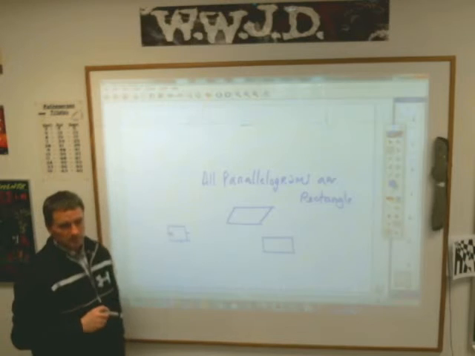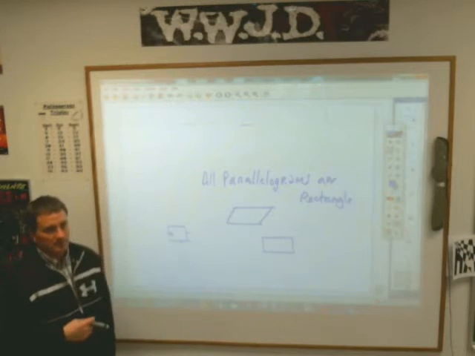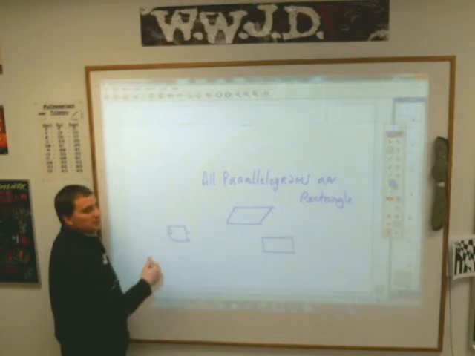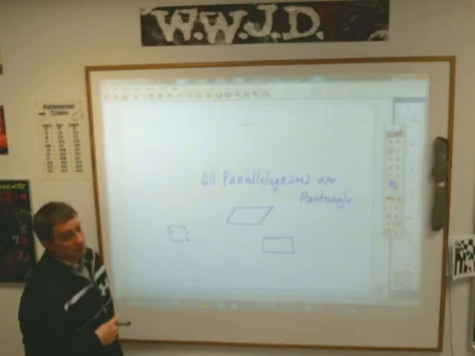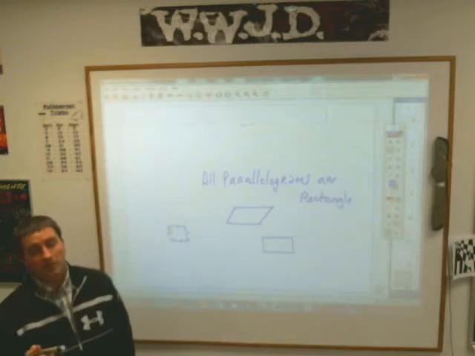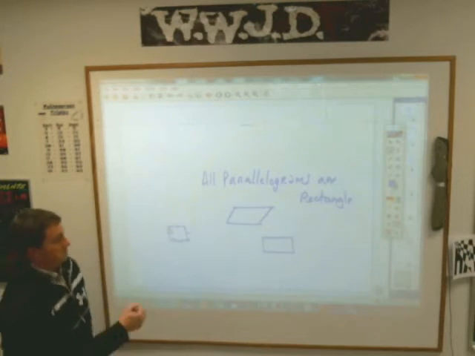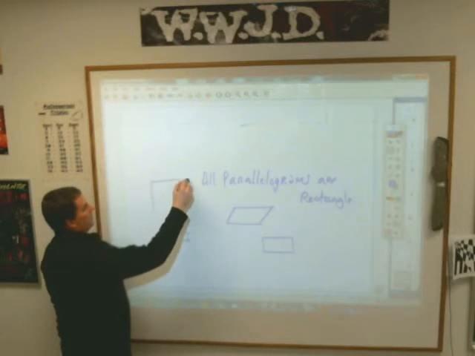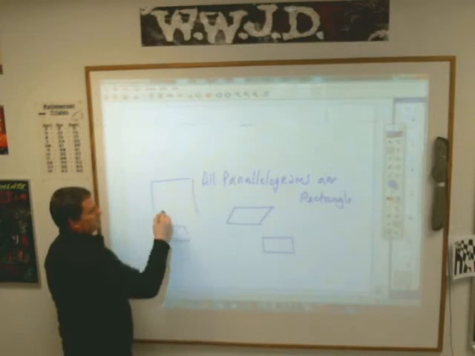Yes, it is. What's the definition of a rectangle? 4 right angles. It doesn't matter how big the sides are or that they're equal. All squares are also rectangles. Can you draw a rectangle that's not a square? Yes. Right here. Can I draw a square that's not a rectangle? No, because squares are always going to have 4 right angles.